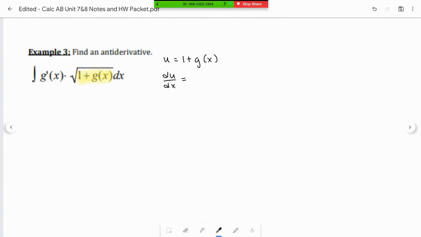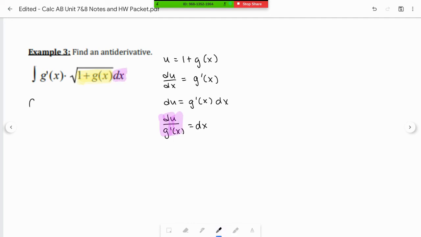Derivative of g of x would be g prime of x. And then multiplying by my dx on both sides and dividing by my g prime to find what dx is, I get that dx is equal to du over g prime of x.